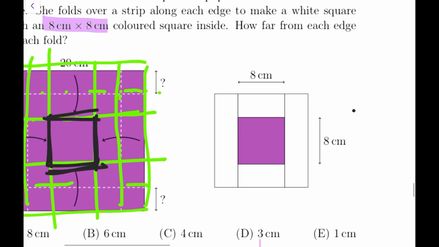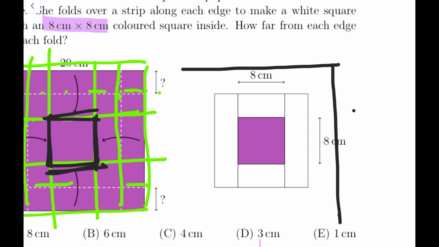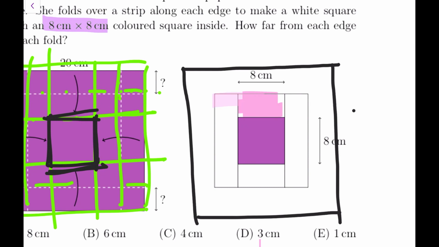All right, I will try to make a square to replicate where it came from. So there was a bigger square here, and then we folded over these strips that you can see here. This little strip came from here.